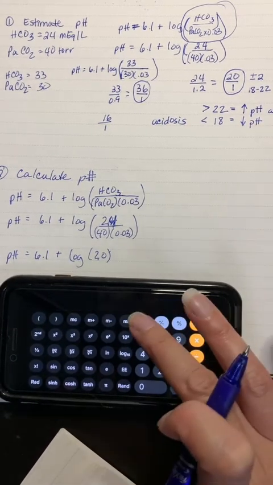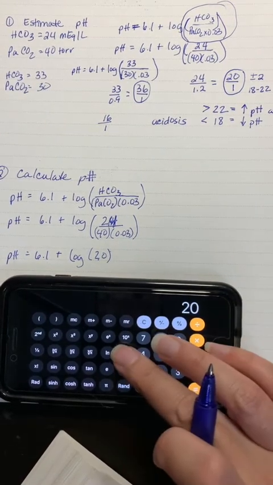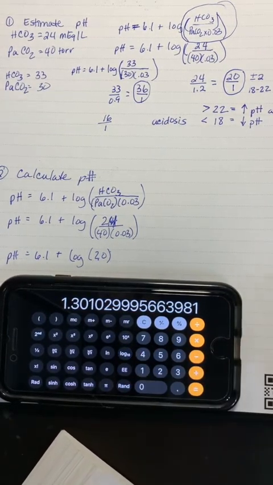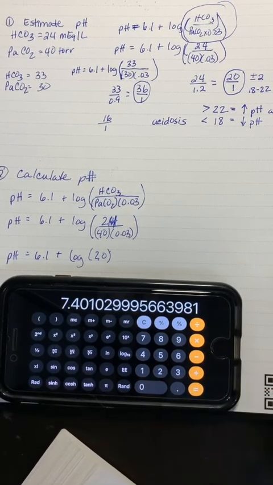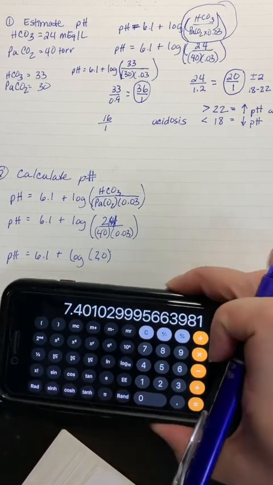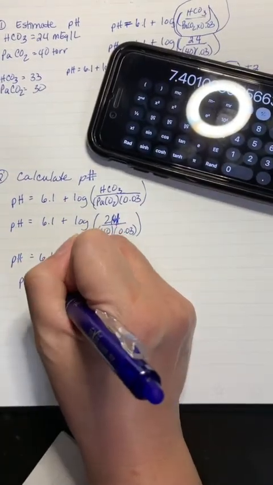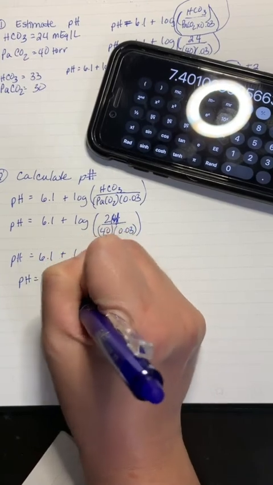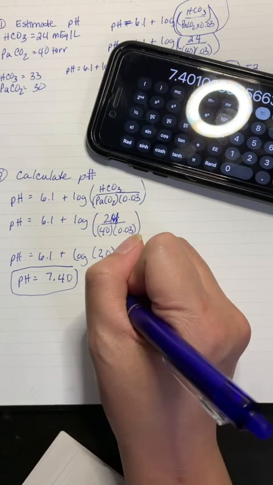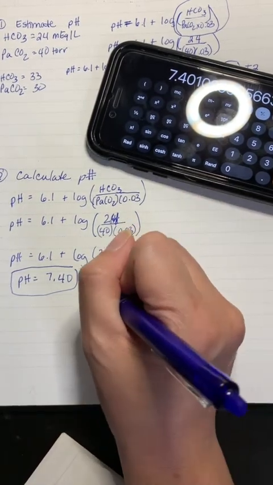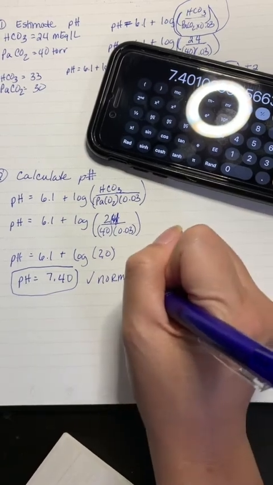To do this, you take the log of 20, hit log, which is 1.3, add 6.1, and you get 7.40. So your pH is equal to 7.40. Is that normal? Normal is 7.35 to 7.45. Yes, normal.